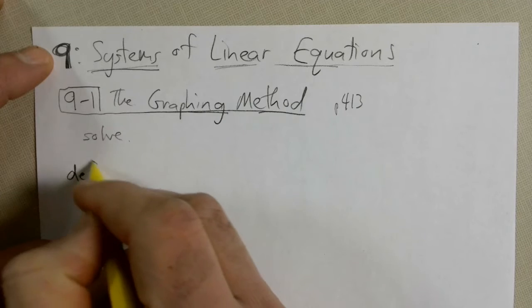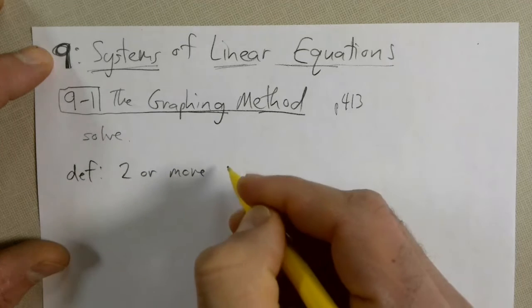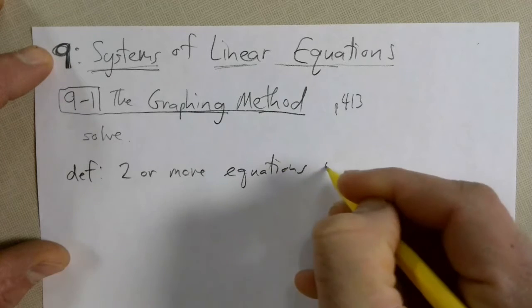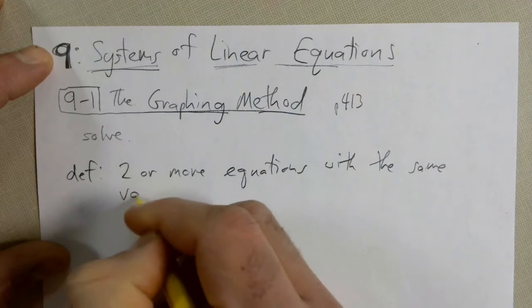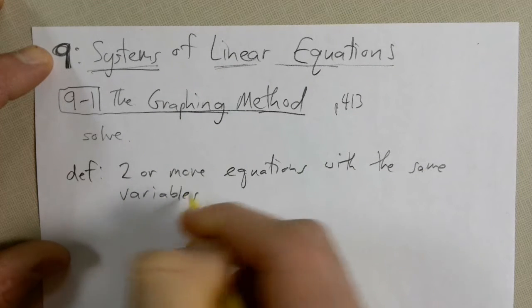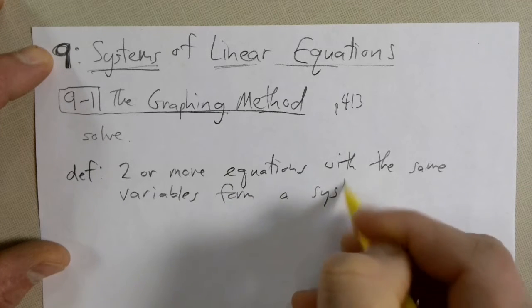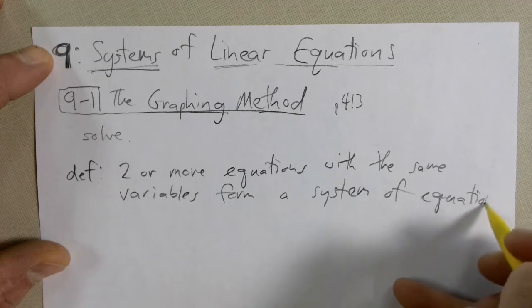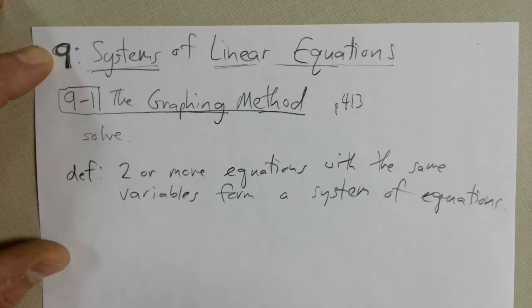Definition. You might want to jot this down. Two or more equations with the same variables form a system of equations.